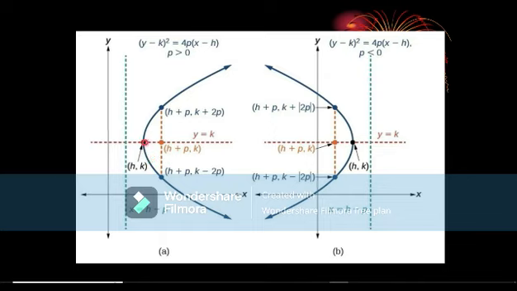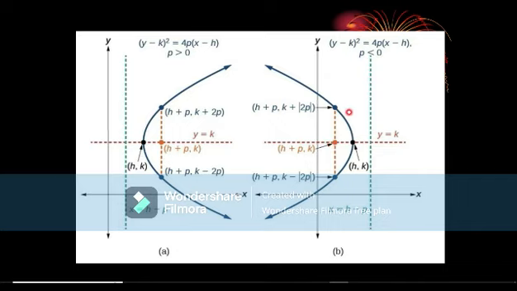So this is the vertex, this is the focus, this is your directrix, and these are the endpoints of the focal diameter, the endpoints of your latus rectum. If this is the orientation of the parabola, the endpoints would be (h + p, k + 2p) and (h + p, k − 2p). Remember, the distance from this point to the other endpoint is 4p.